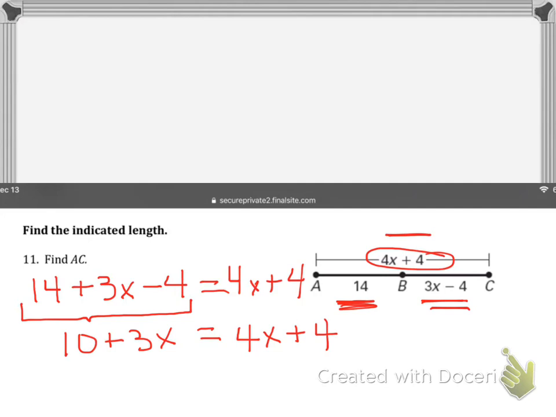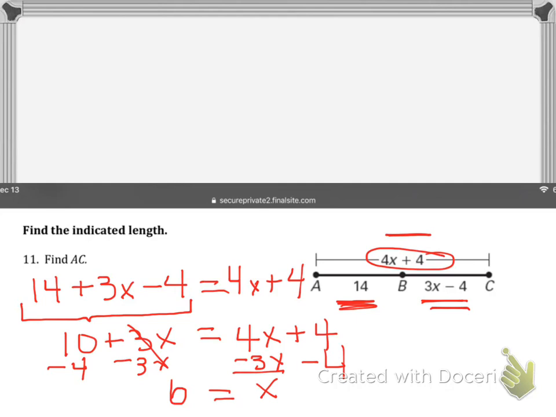Since 4 is bigger than 3, I'm going to move the 3 over here. 4x minus 3x gets me 1x. Now I want to move the 4, so I do the opposite operation. It was added, so I'm subtracting it, and I subtract it from the 10 as well. 10 minus 4 is 6. Bring down your equal sign, and I have 6 equals x.